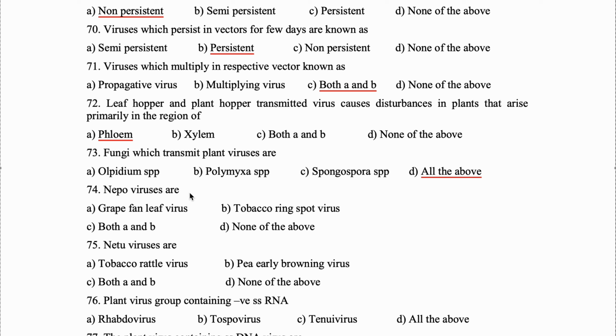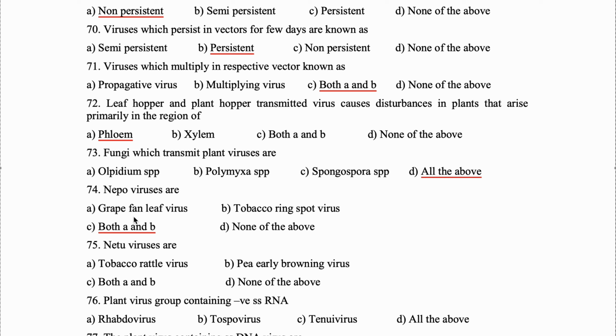The nematodes which transmit plant viruses are classified into two categories: one is nepovirus and another is tobravirus. The viruses transmitted by nematodes that belong to nepovirus are grapevine fanleaf virus and tobacco ringspot virus. So both A and B.